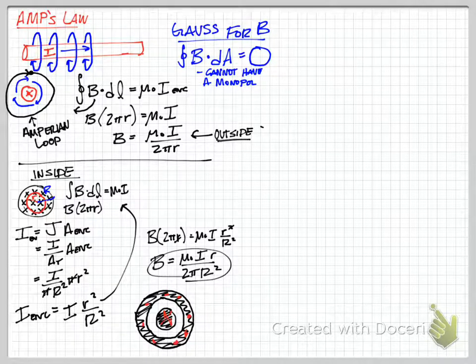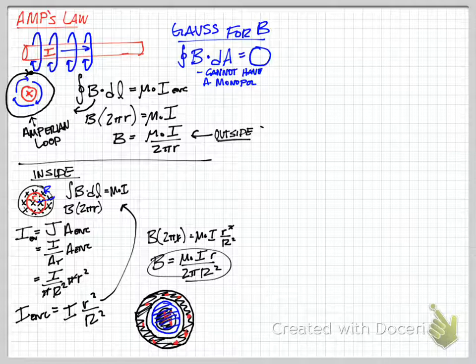We just have to remember that if we draw our Amperian loop, the only thing that matters is the stuff inside of that Amperian loop, not on the outside. So all you have to do is calculate the enclosed current.